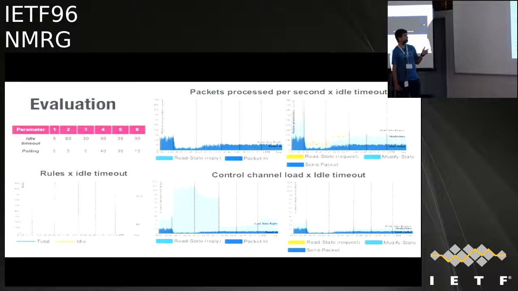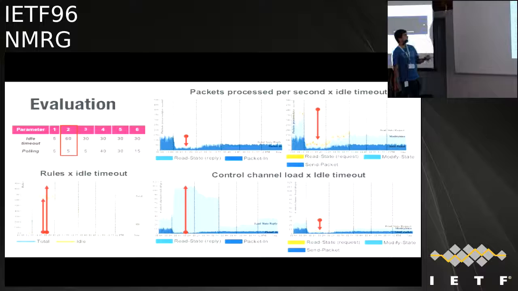These charts represent the amount of rules and which of those are idle during the time, also the rate of control channel load, and the packets processed per second. So we can see in the first change that the administrator increases the idle timeout to 60 seconds, and this configuration implies more rules installed in the network and more idle rules also.